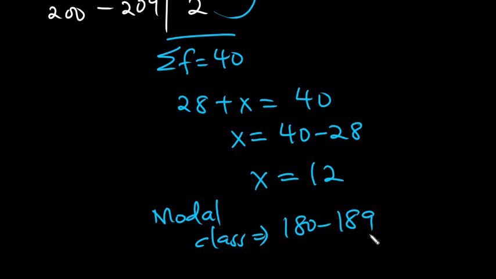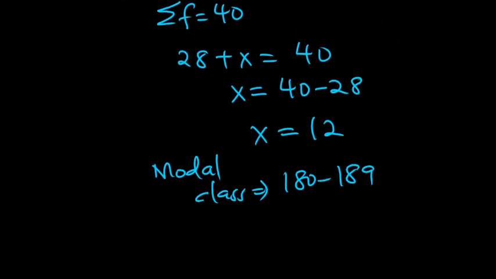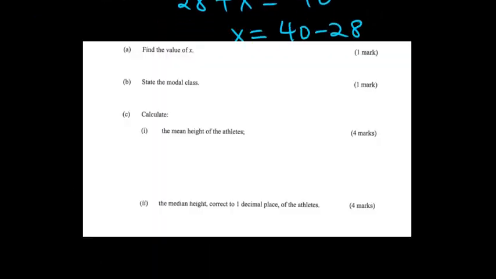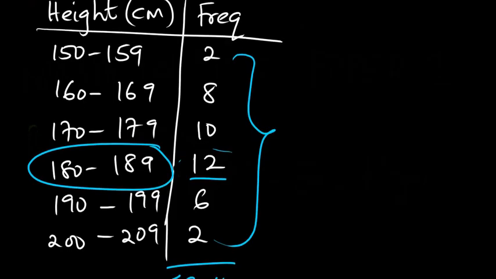So let's proceed to the next part of that question. It states: calculate the mean height of the athletes. So this is a grouped set of data. I remember some time back, I created another video where we learned how to get the mean, or to estimate the mean.